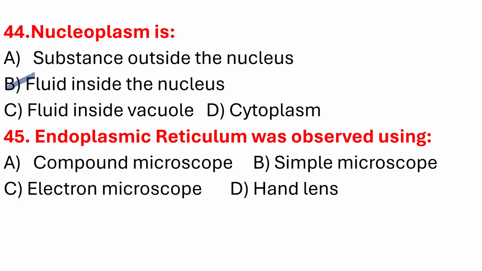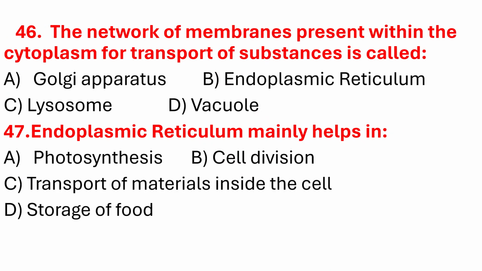Endoplasmic reticulum was observed using electron microscope. The network of membrane present within the cytoplasm for transport of substances is called Golgi apparatus, endoplasmic reticulum, lysosome, vacuole. Endoplasmic reticulum mainly helps in photosynthesis, cell division, transport of materials inside the cell, storage of food.